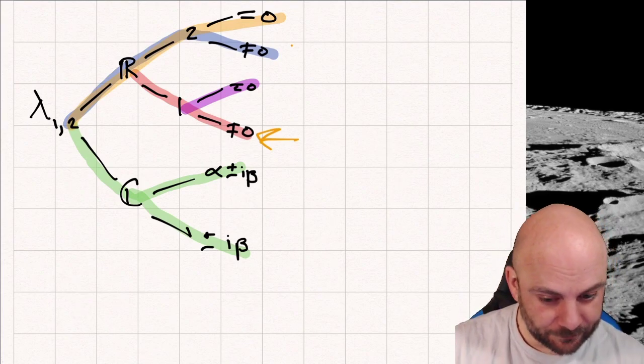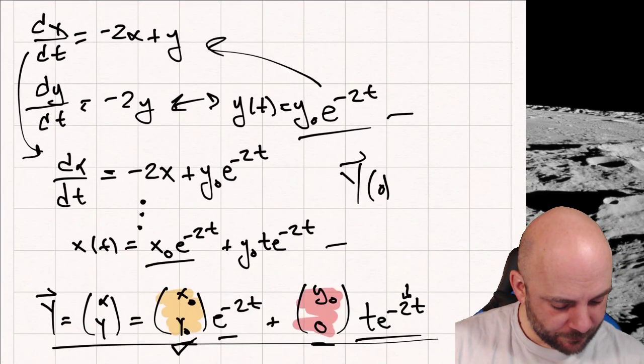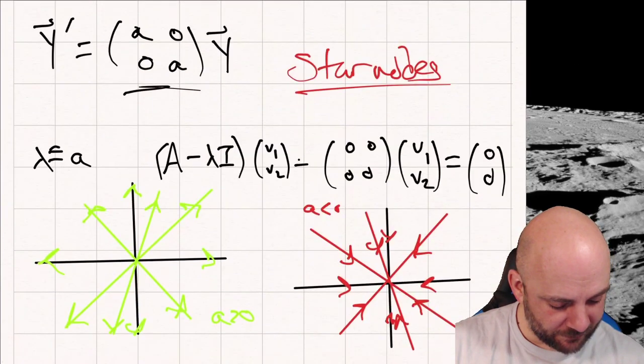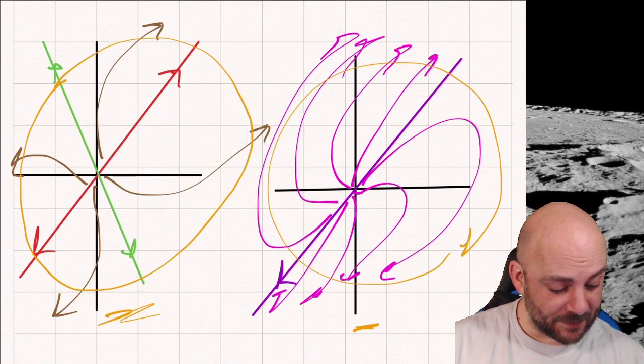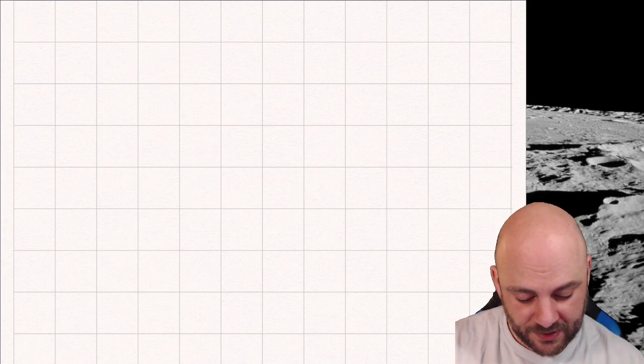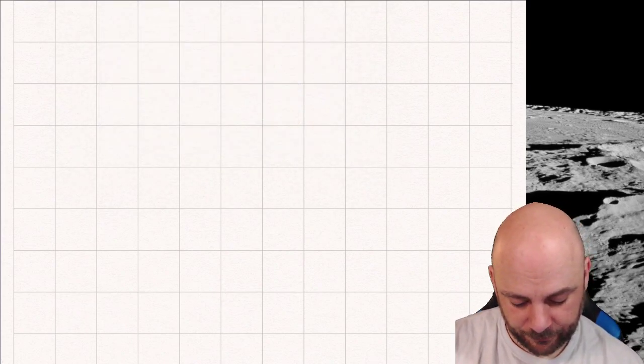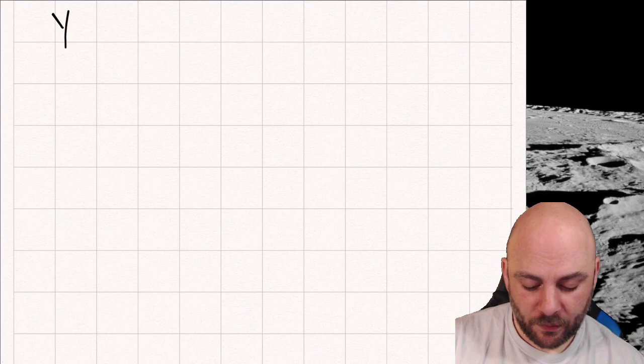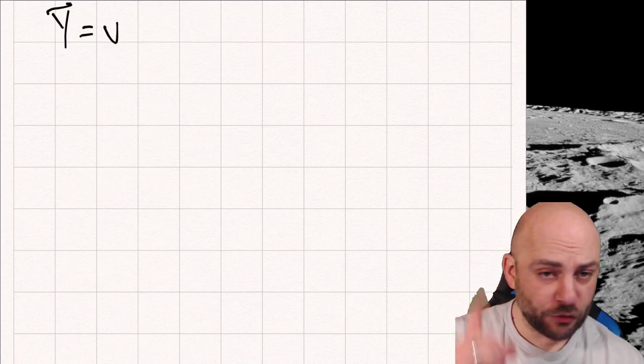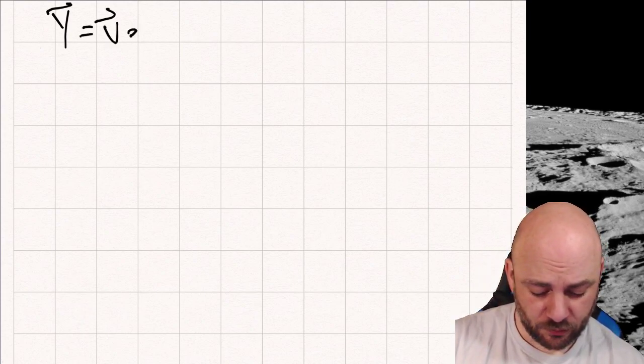A lot of work. Let's now go for when I have two real eigenvalues, but one of them happens to be 0. This case is actually pretty straightforward to handle. We know how to write down that solution.